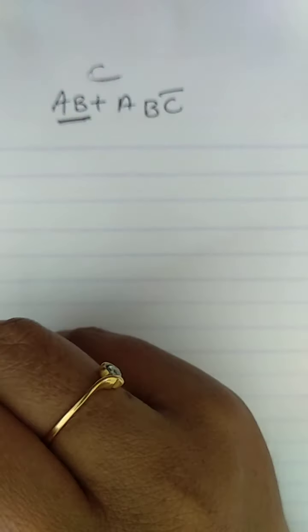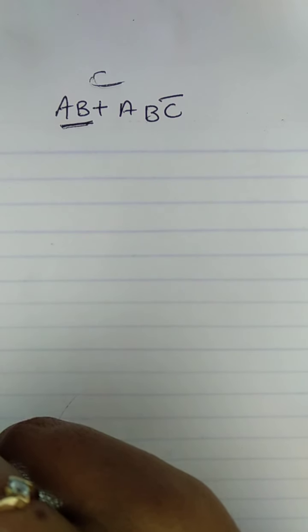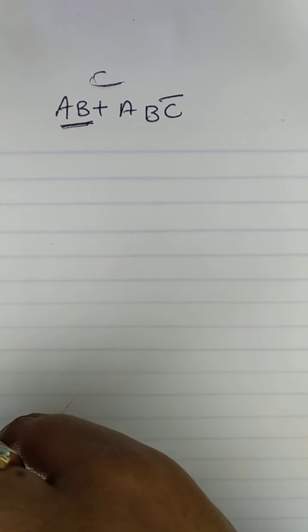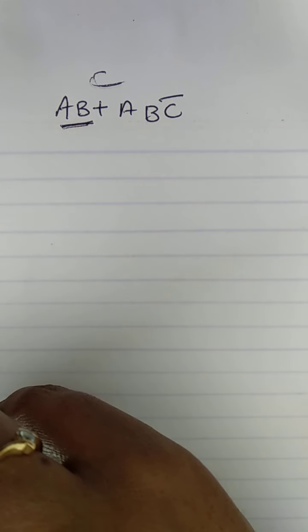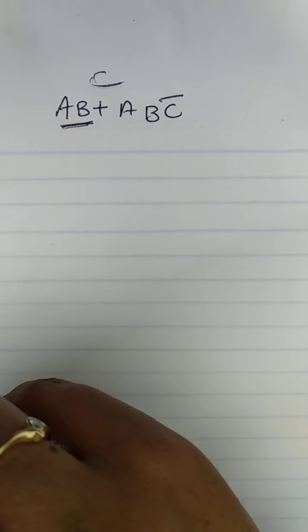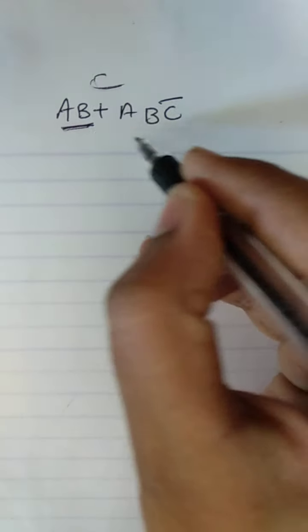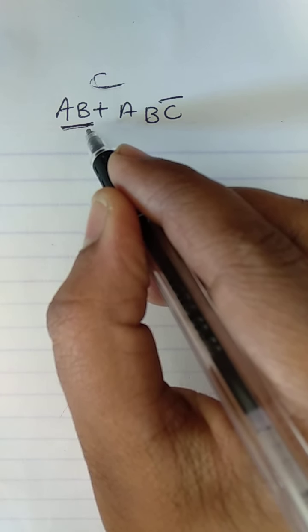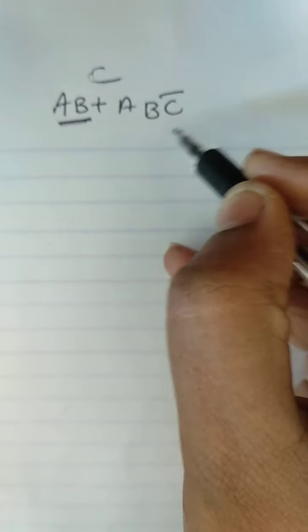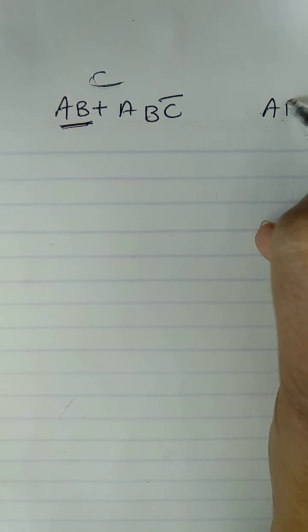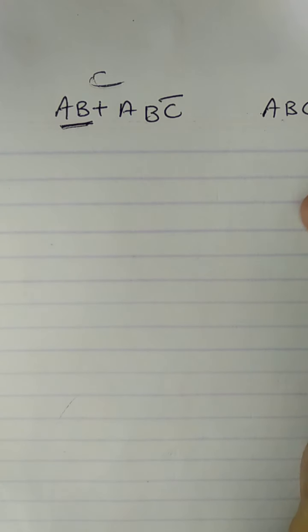If each term in sum of product form contains all the literals, then the SOP, sum of product form, is known as a standard canonical form. If each sum of product contains all the literals, it is nothing but ABC plus ABC bar.